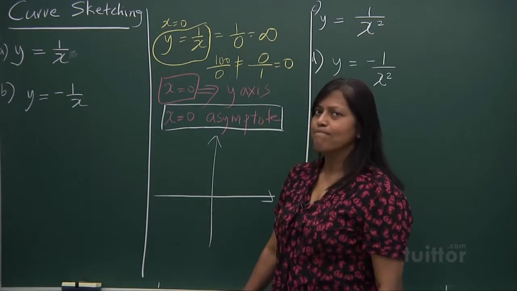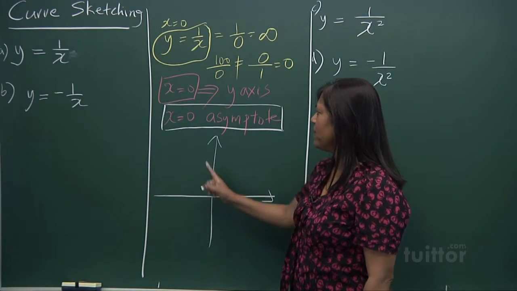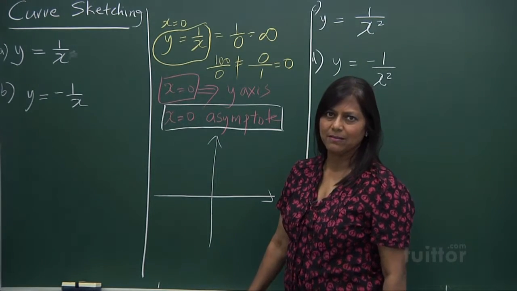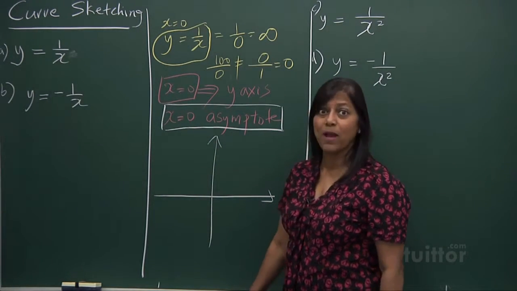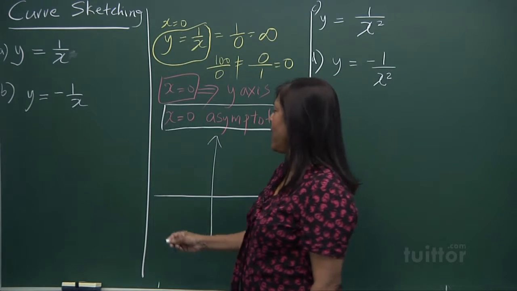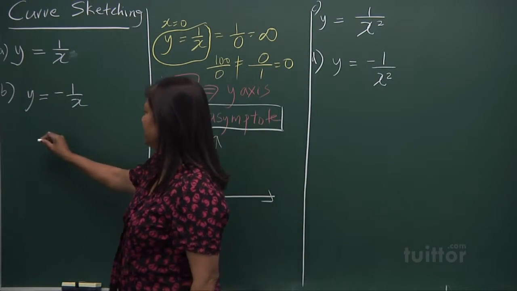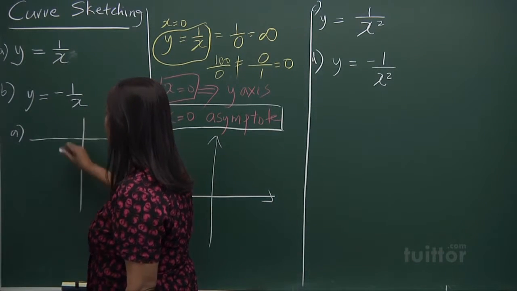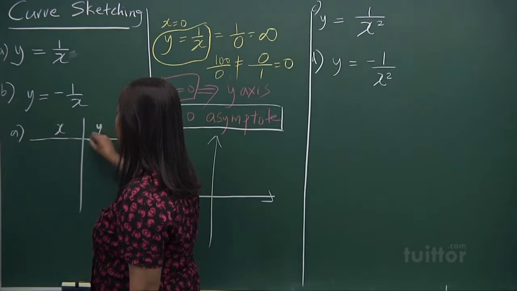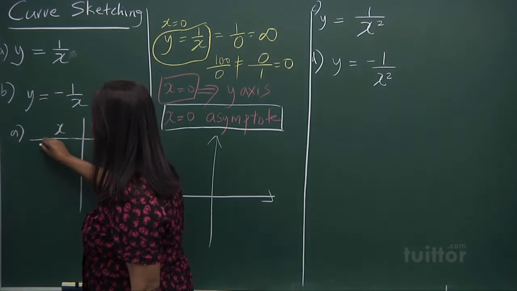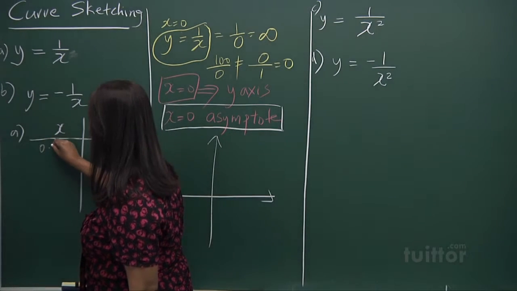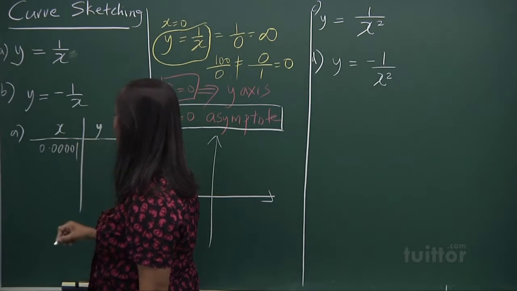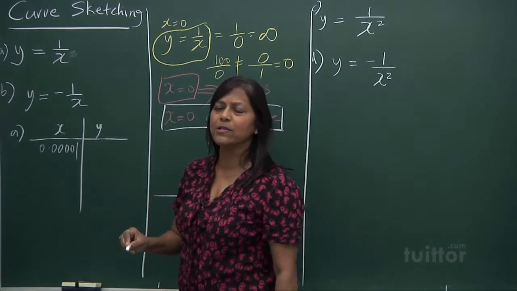Now when we draw the graph, let's put a number very close to 0. What happens to it? We're going to draw the graph of y equals 1 over x. Let's take the values of x and the values of y. When x is very close to 0, say 0.00001, what is y going to be?